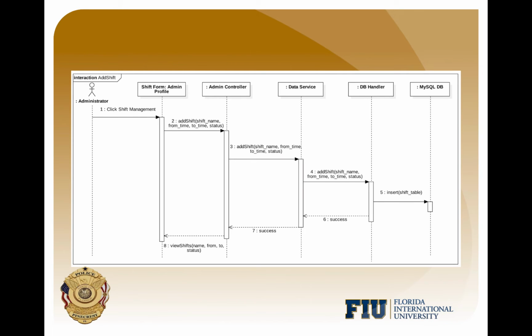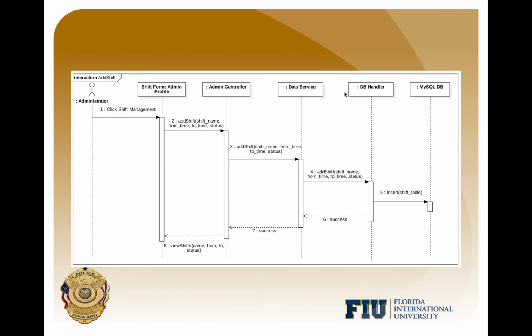As part of the sequence diagram, I added a sequence diagram for one of the actions, which is add a shift. An administrator clicks on the shift management button under the administrator menu. They populate the shift name, from time, to time, and status, and the admin controller class will receive that information and send a request to the data service with the same fields, which will communicate with the database handler class.